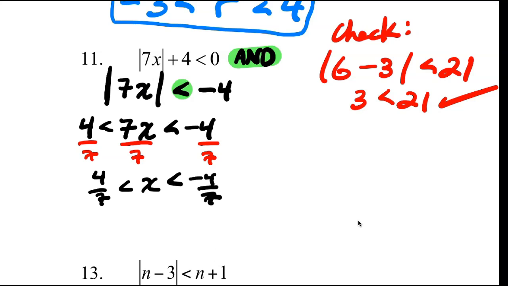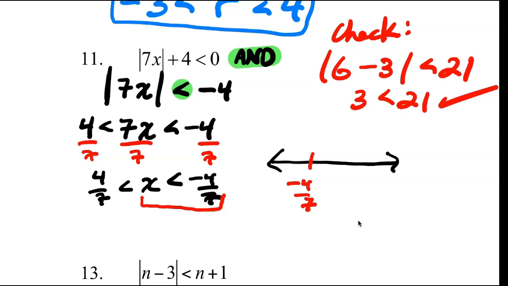So being very careful here, when we go to graph this, let's see what happens. This side says x has to be less than negative 4/7. Here's negative 4/7, open circle to the left. And then this side says x is greater than 4/7.